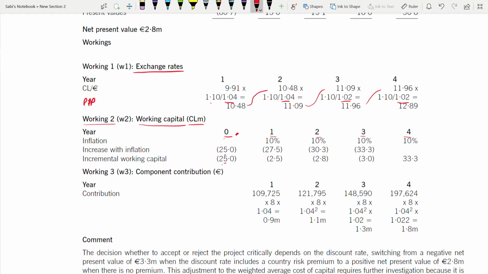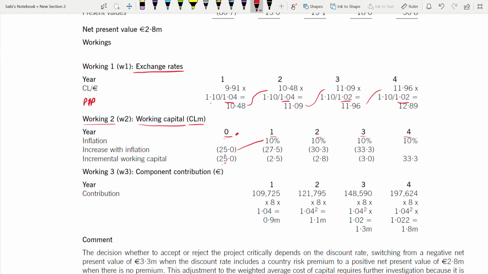Next, they told us that it will increase with inflation. So that means 10% of 25. 10% on 25 is 2.5. So 25 plus 2.5 is 27.5, or 1.1 into 25, 27.5. So that's why we got 27.5 here.